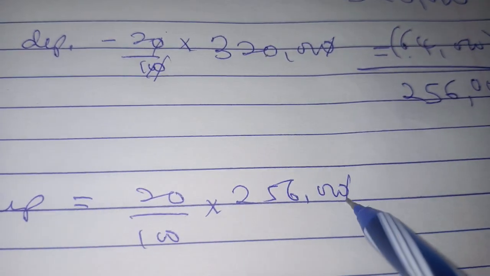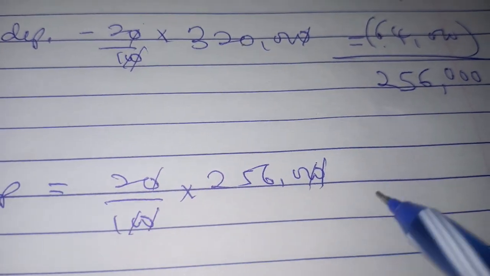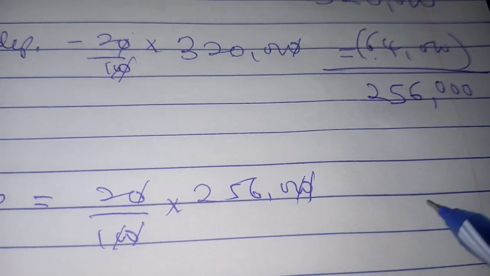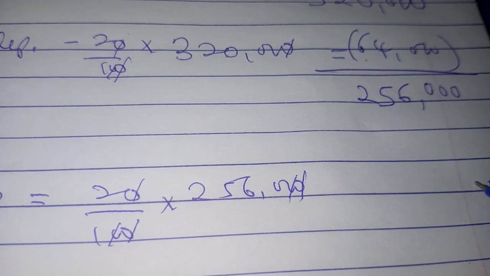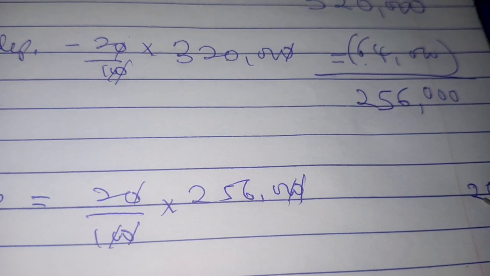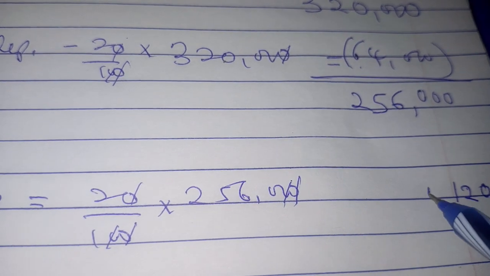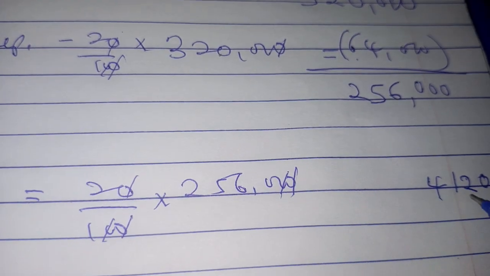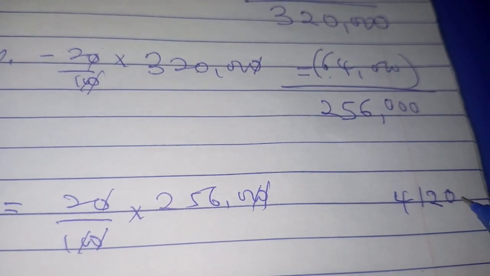The zero cancels, and so we have 2560 multiplied by 2, and that comes to 0. And then we have 2 more carry 1, that is 1. And then we have 4, that is 41,200.